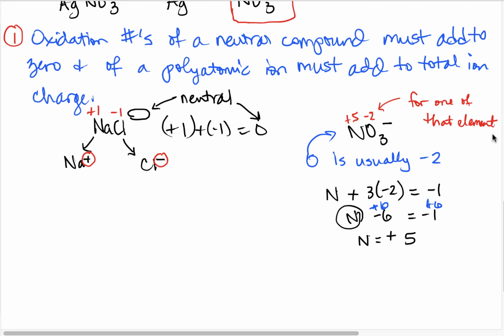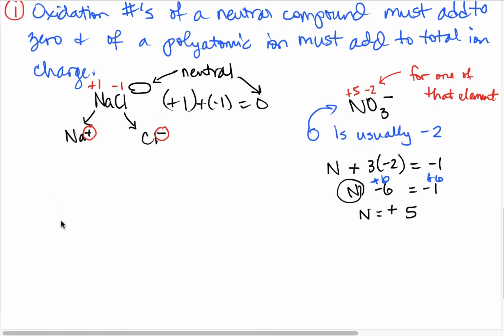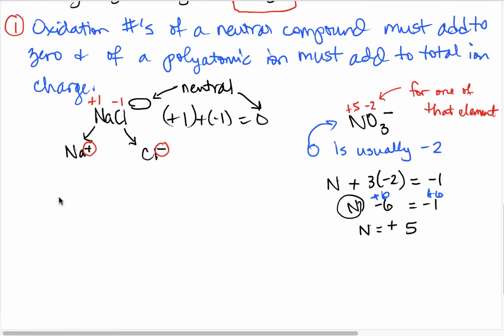Okay, so we'll use this rule a lot, but we need some other rules to tell us about how to deal with some of the other common elements that we're going to see. So I want to note here, just as a sideline, that most metals are ions, right? And so we're just going to look at the ion charge for whatever that metal is.